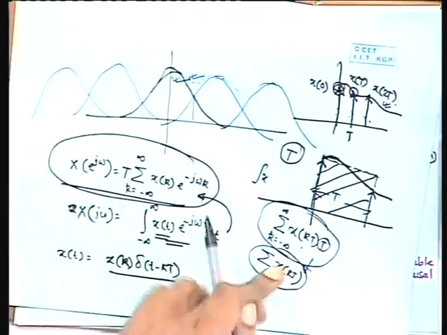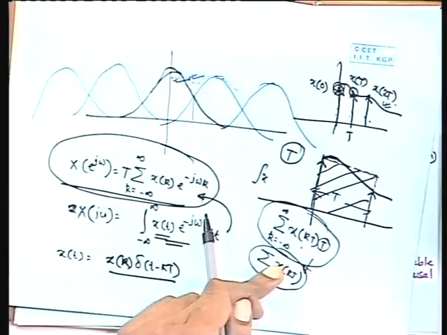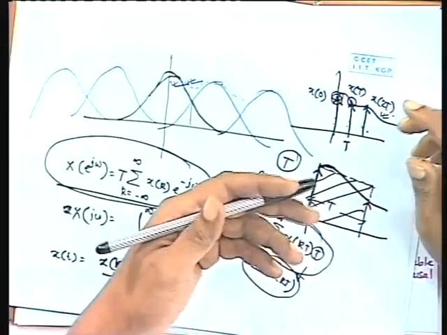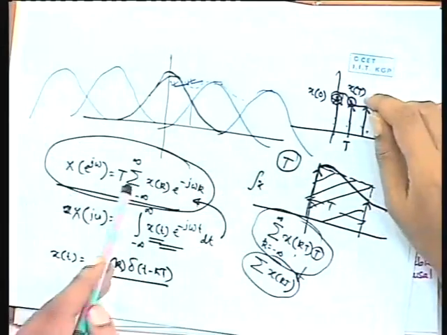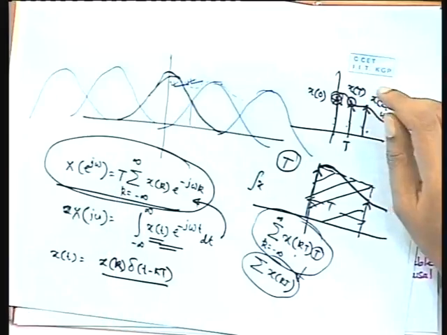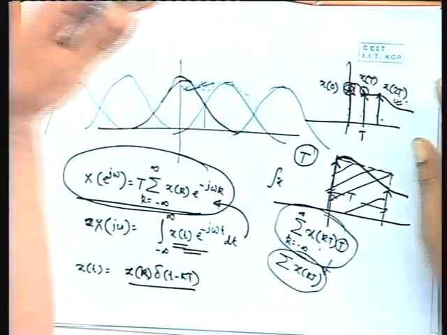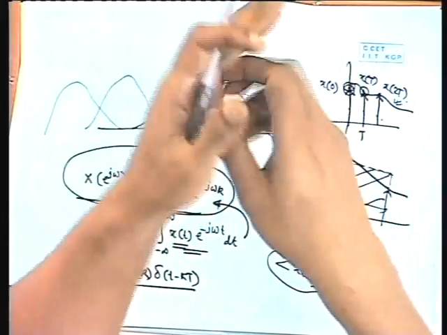If you put a T here, then it will match, right. So we must remember this, because in the whole of the DSP course this will be referred to without this T. Okay. So this is how the discrete sequence and the continuous signals are related.